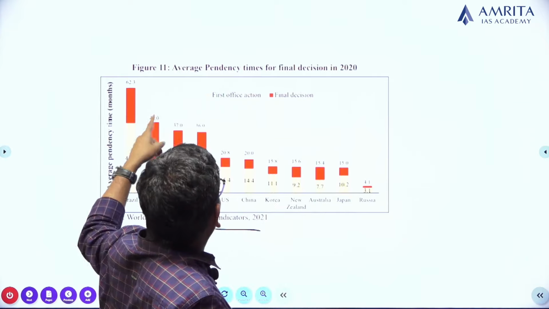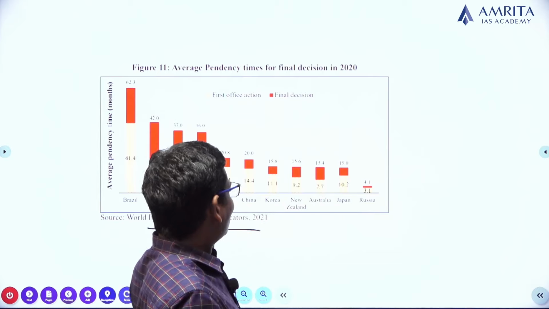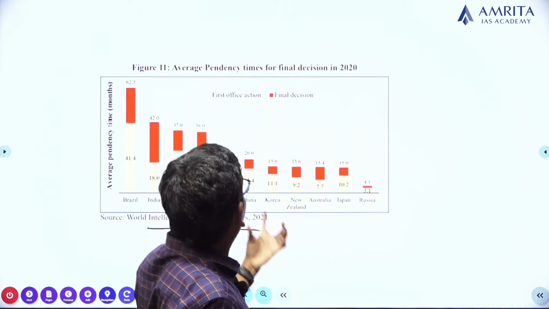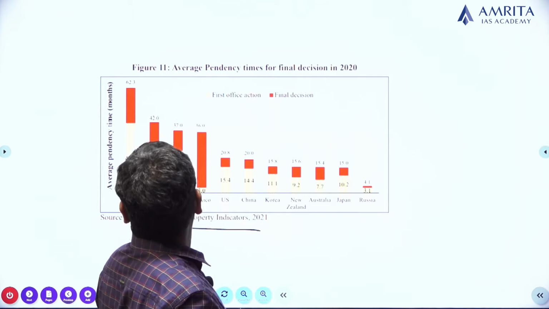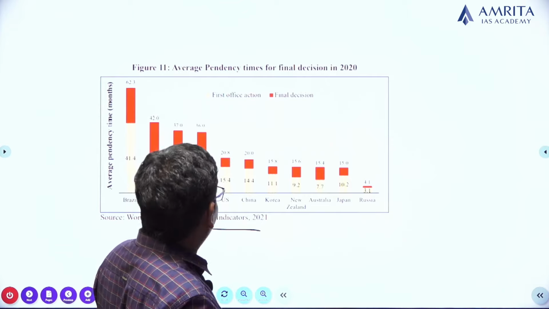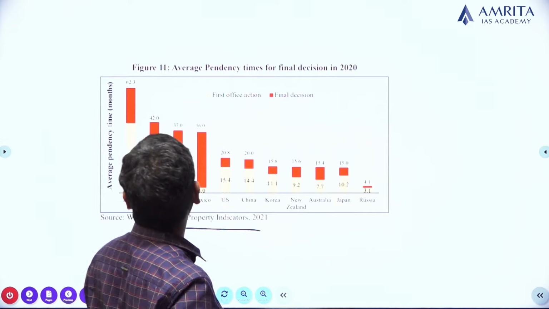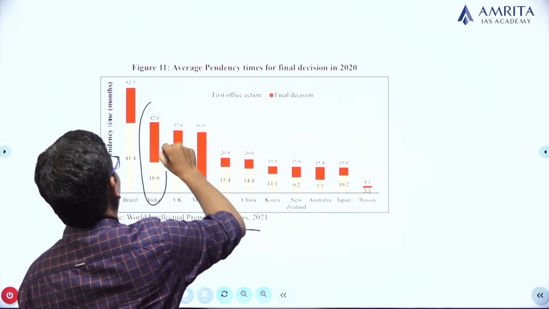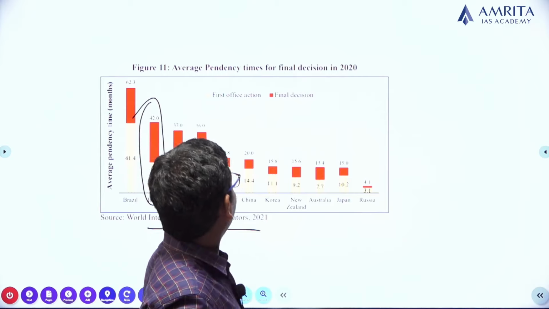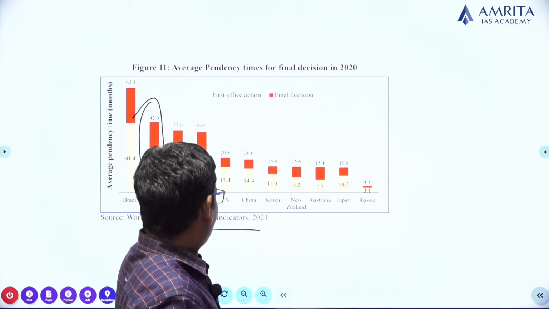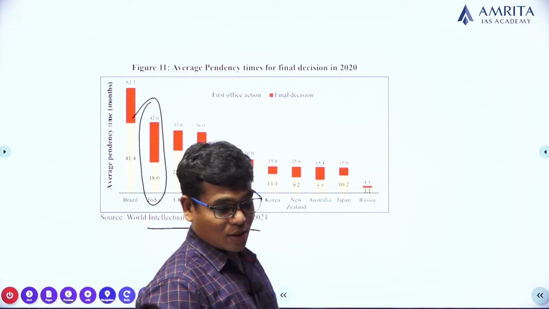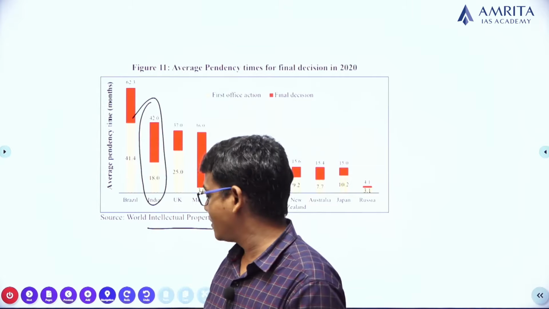But if you look at the time taken for the approval of the patents, when compared to other comparable countries, it is still high. It is in terms of months. First office action, final decision, they are still taking a lot of time compared to other countries. So that patent information they have also given.